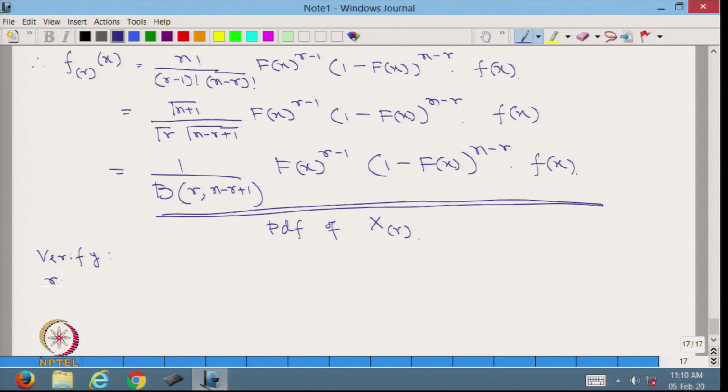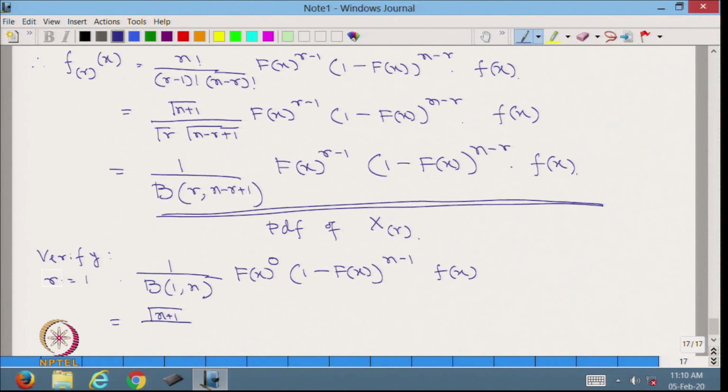Verify: r is equal to 1, therefore, we are getting 1 upon beta of 1 comma n, F(x) to the power 0, 1 minus F(x) whole to the power n minus 1, f(x), which is equal to gamma n plus 1 upon gamma n gamma 1, 1 minus F(x) to the power n minus 1 into f(x).